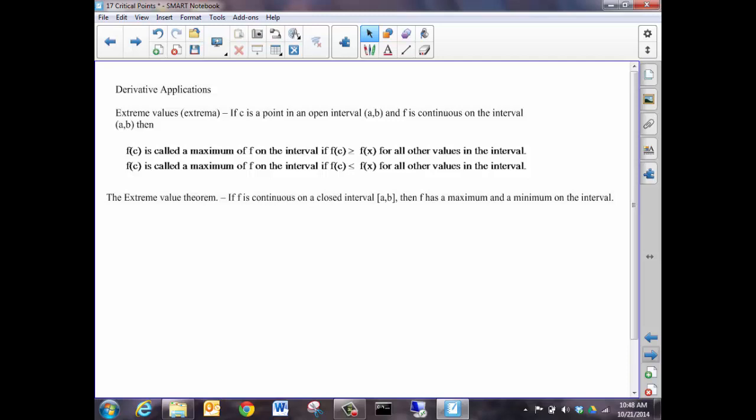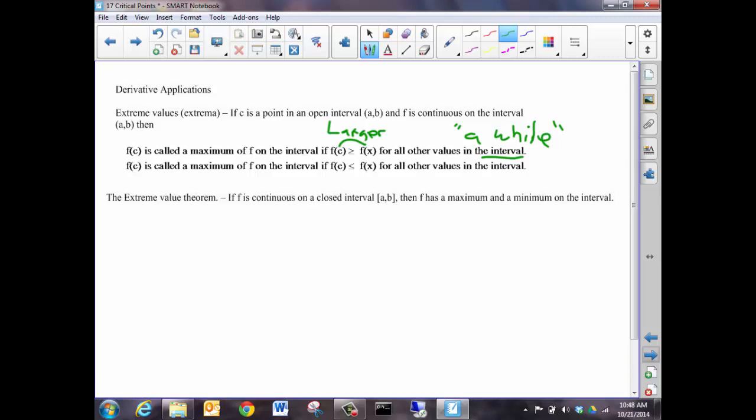Extreme values. F of C is called a maximum if it's bigger than everything else in the interval. This is, in Josh's terms, a while, okay? If it's larger than everything else around it in a while.